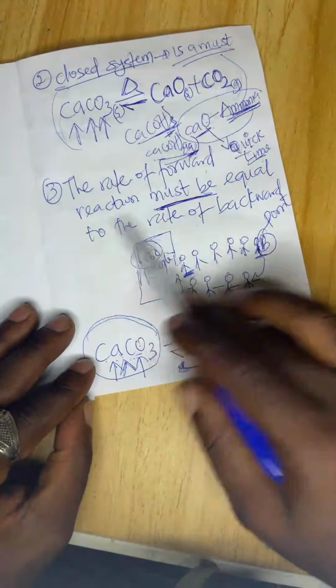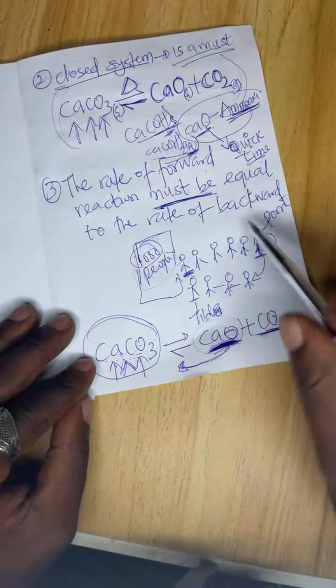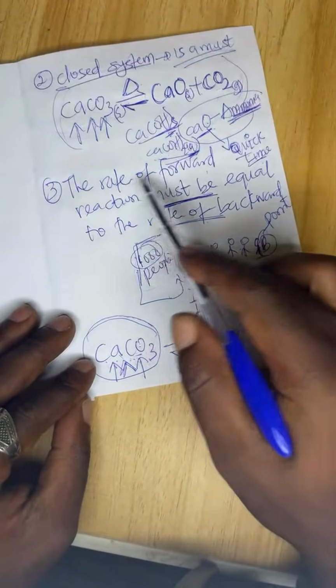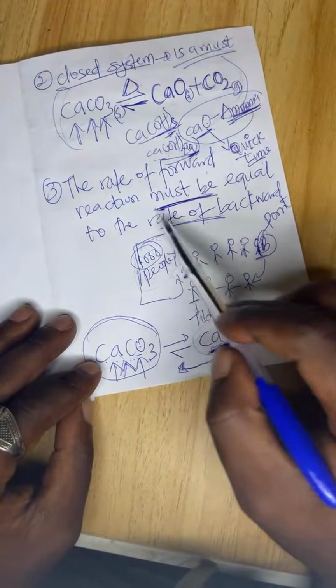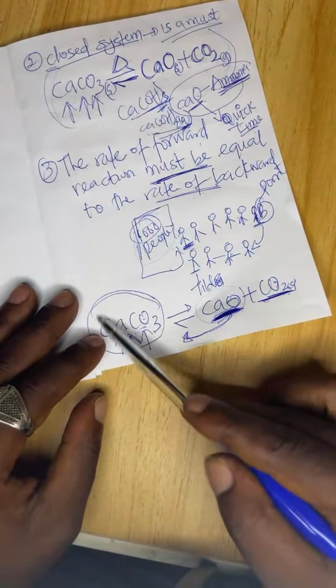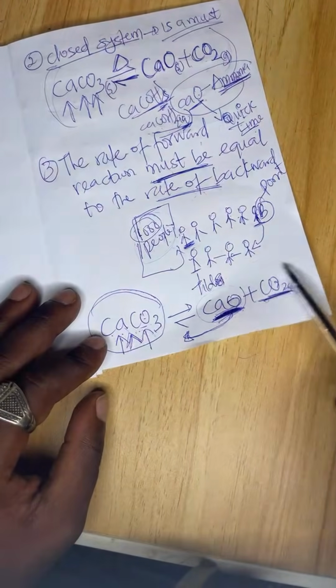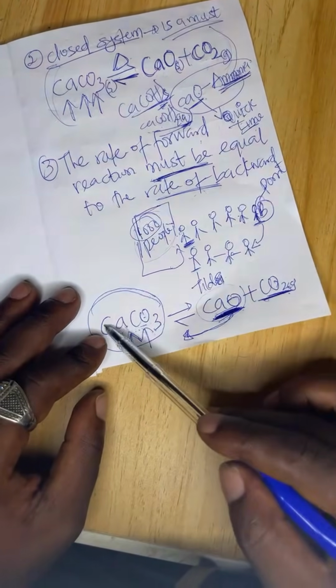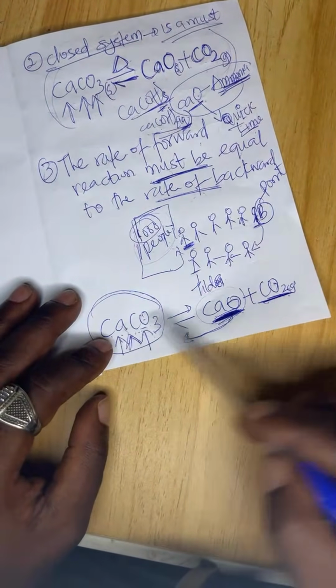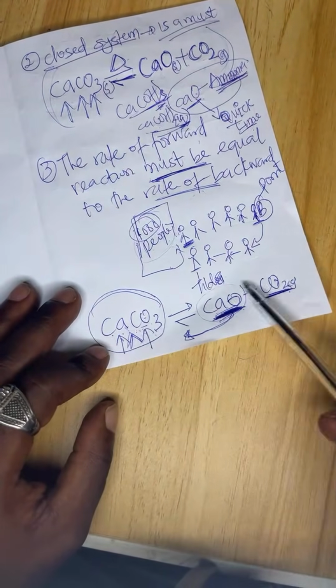The rate of forward reaction must be equal to the rate of backward reaction. It's simple. You should not exhaust the reactant before the product combines to form the reactant. It must be happening at the same time.